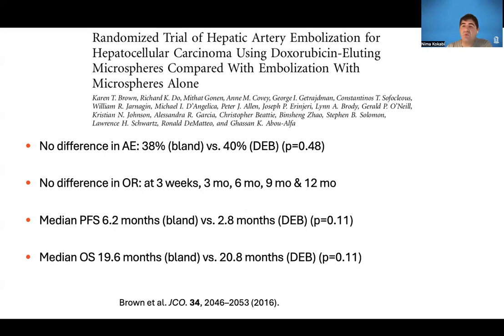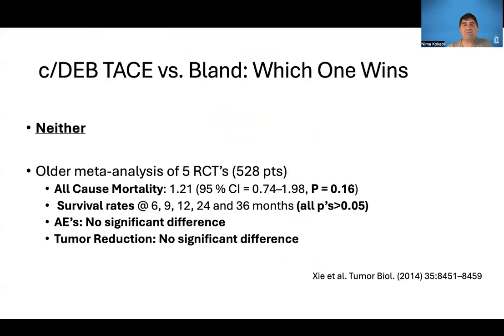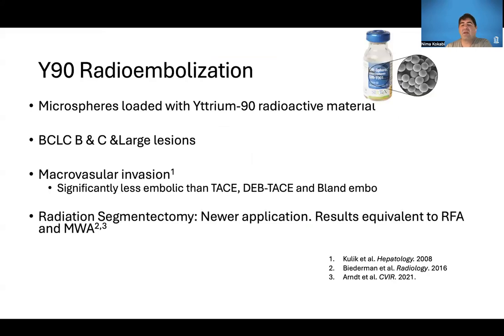They basically showed no difference in any of those between bland embolization and drug-eluting beads transarterial chemoembolization. So between deptase and bland embol, neither wins. And even the meta-analysis of 5 randomized control trials showed no difference between the two.